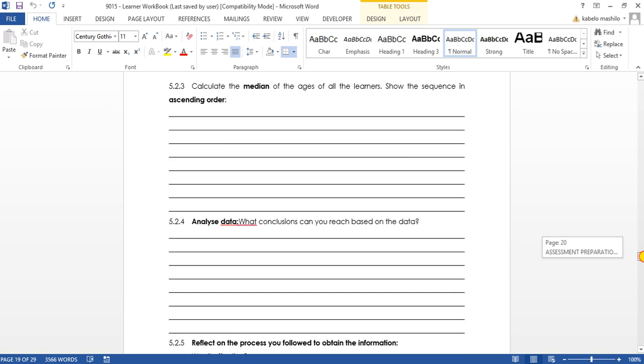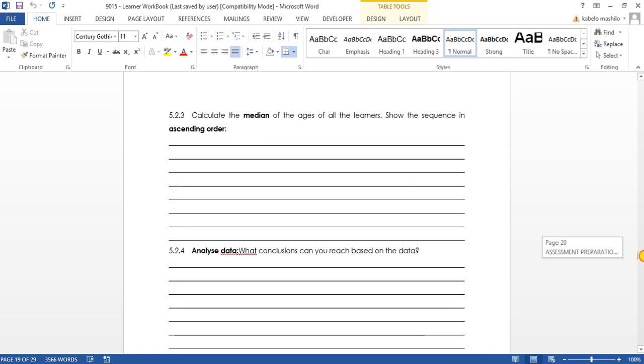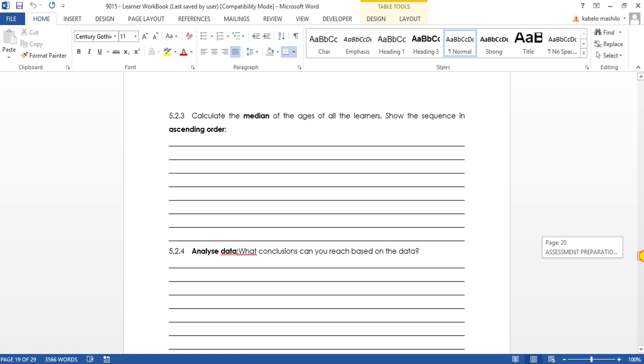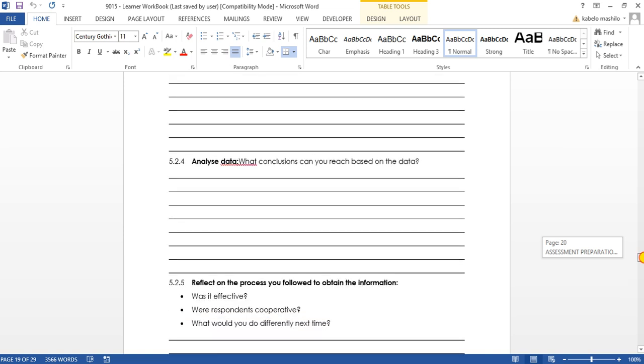Analyze data. What conclusion can you reach based on the data? If you find that there is a small number of learners above the age of 18, that will be your analysis based on the data, or below and so forth. Please do this in a group, not individually.